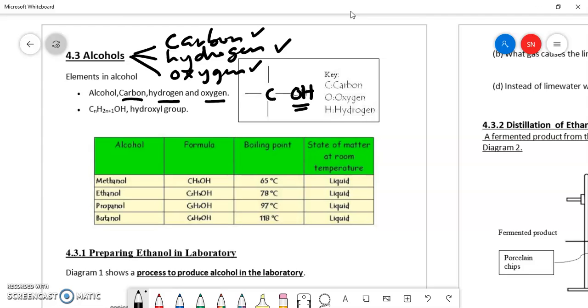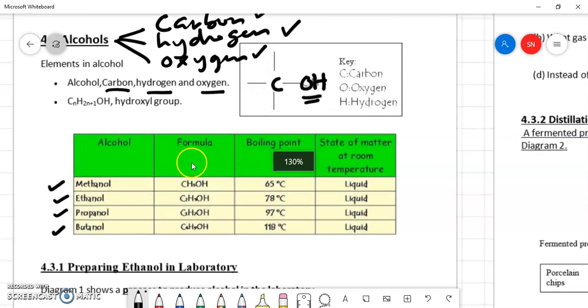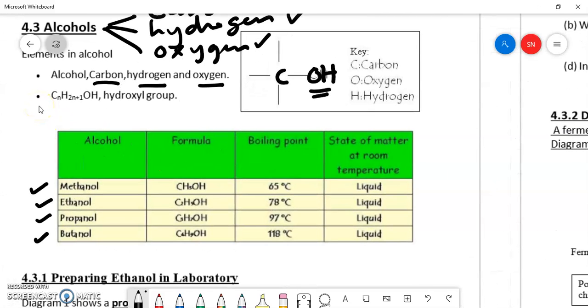Now for alcohol we have a few types: methanol, ethanol, propanol, and butanol. If you notice, each one of these has OL behind.